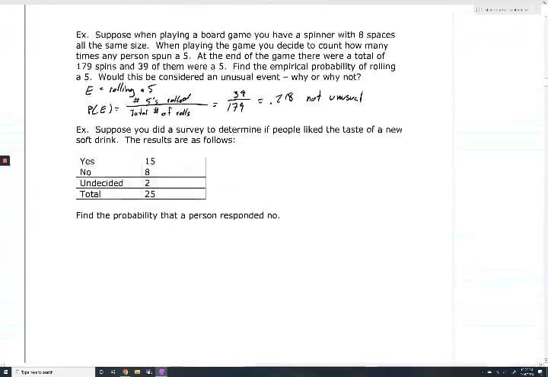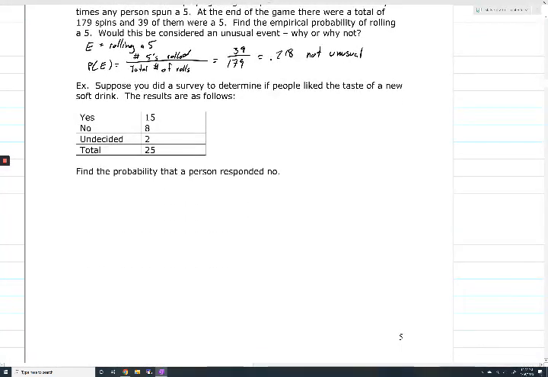All right. Next one, suppose you did a survey to determine if people like the new taste of a soft drink, and their results were as follows. So we have 15 people said they liked the new taste, 8 people said no, 2 people said they did not know, and so there's a total of 25 people. So if E is equal to a person said no, and that's what we're trying to find.